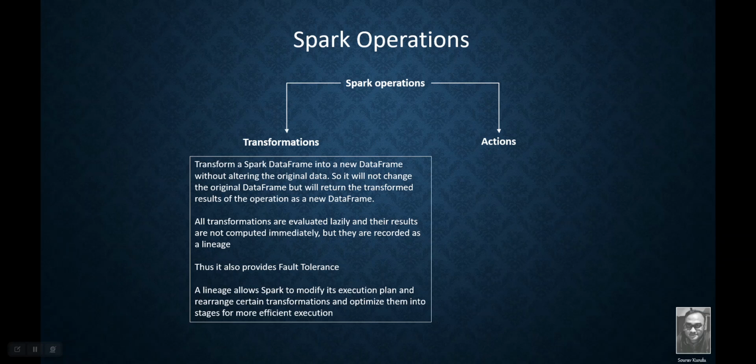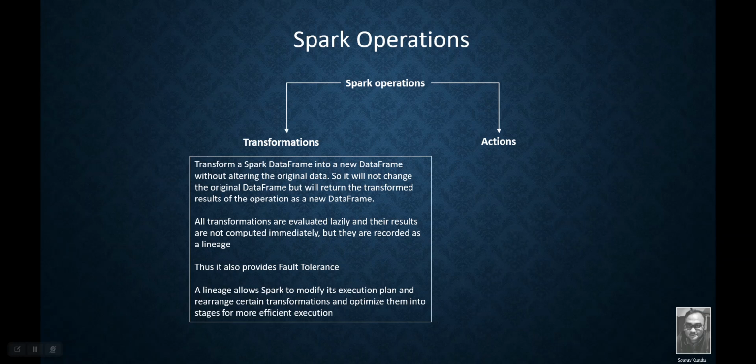A lineage allows Spark to modify its execution plan and rearrange certain transformations and optimize them into stages for more efficient execution. Suppose you have done 5 or 6 transformations. Spark will try to modify its execution plan based on whatever transformations you have provided, so the execution plan is optimized.